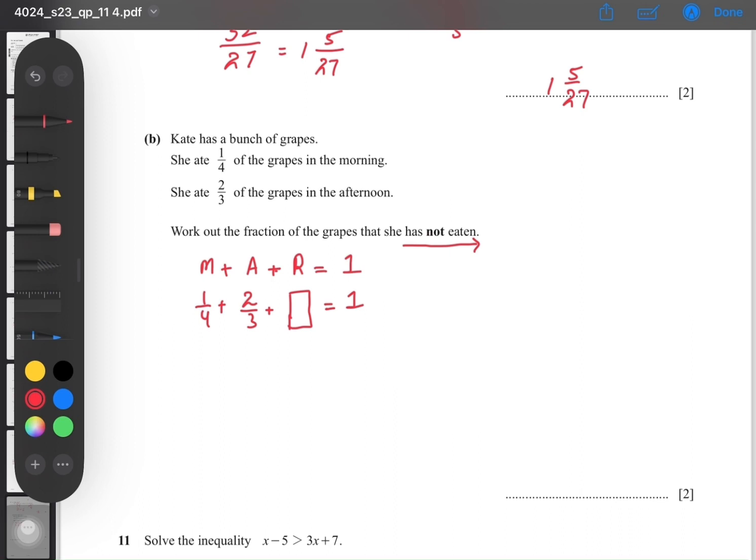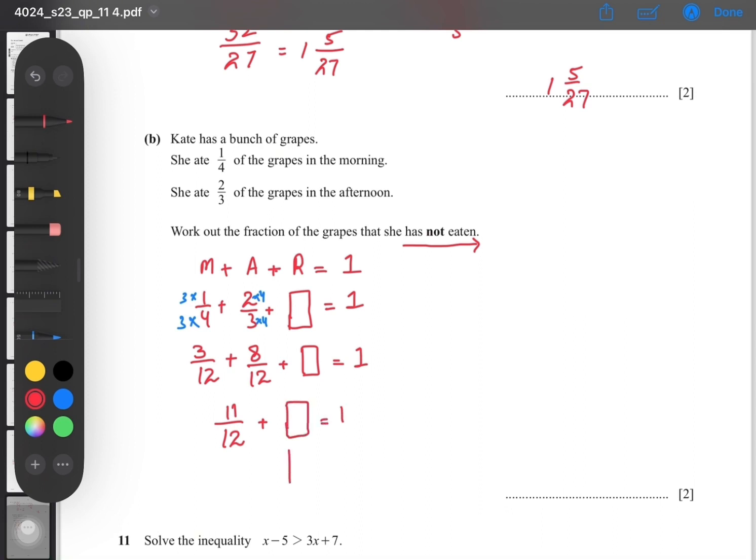So I'm going to cross multiply and do the simplification steps. So it will be 3 over 12 plus 8 over 12 plus what equals 1. So it will be 11 over 12 plus what equals 1.